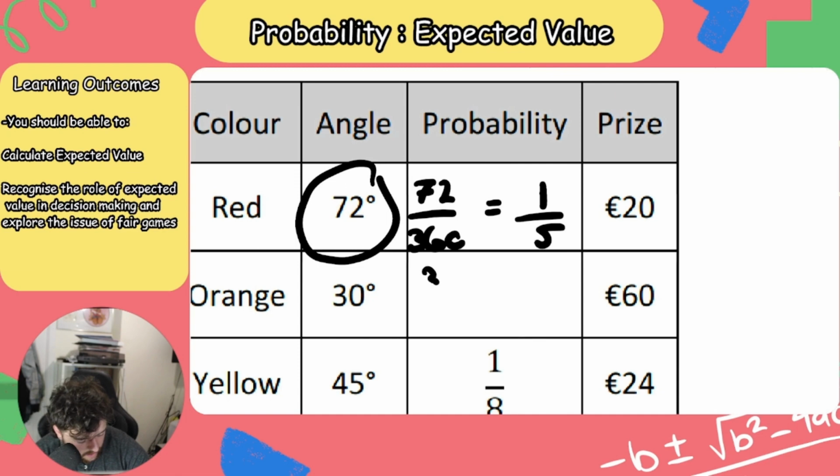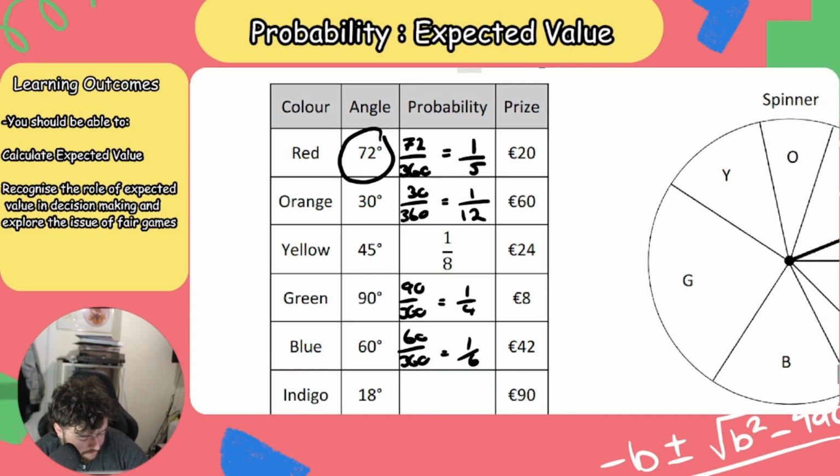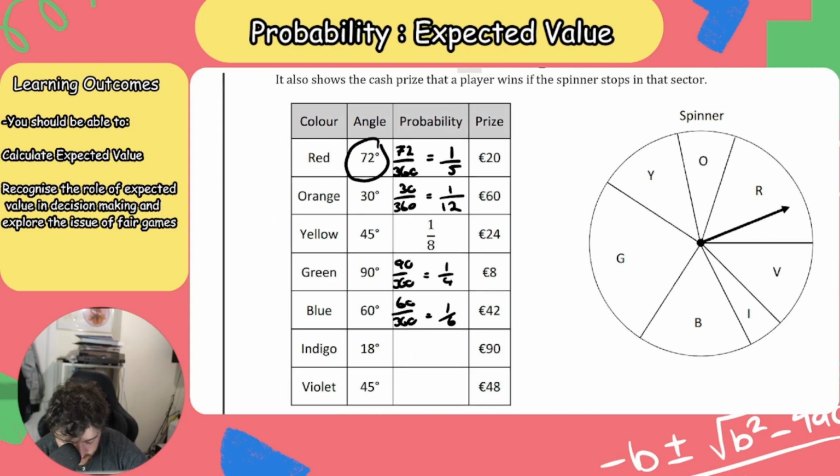72 over 360 is 1/5. 30 over 360 breaks down to 1/12. 45 over 360 is 1/8. 90 over 360 is going to break down to 1/4. 60 over 360 breaks down to 1/6. 18 over 360 is going to break down to 1/20. 45 over 360 is going to be equal to 1/8.